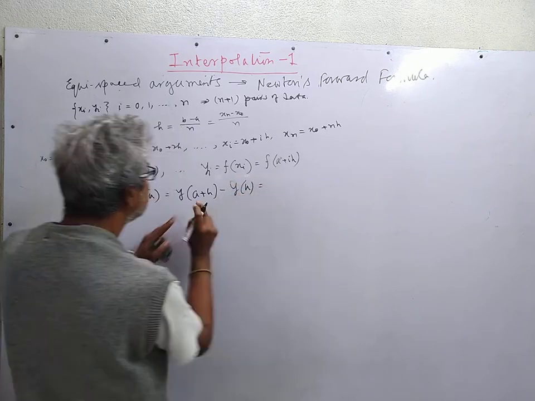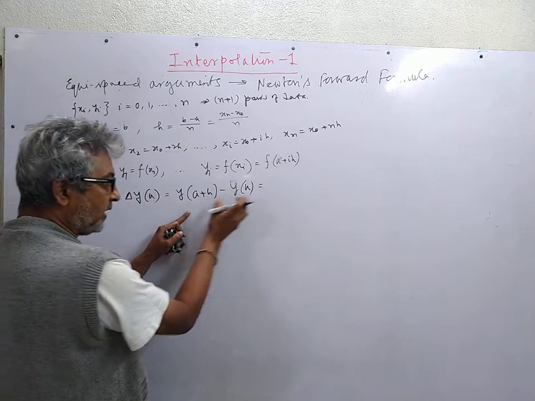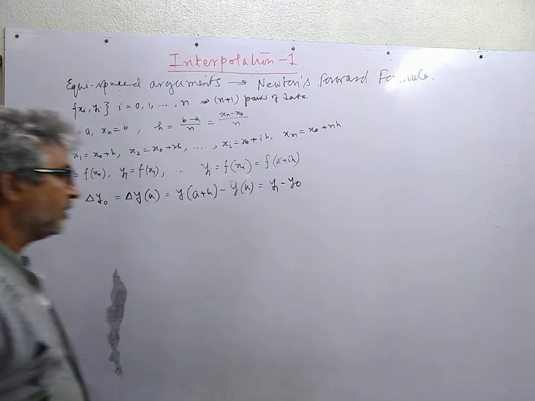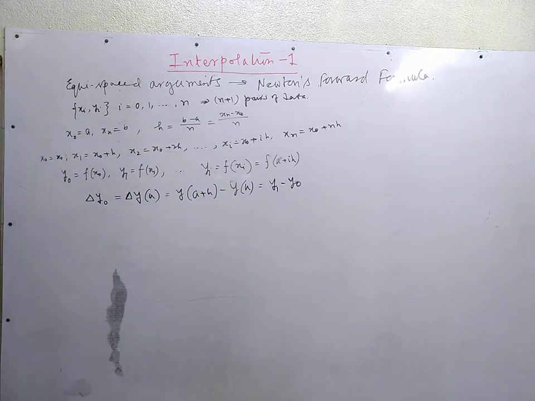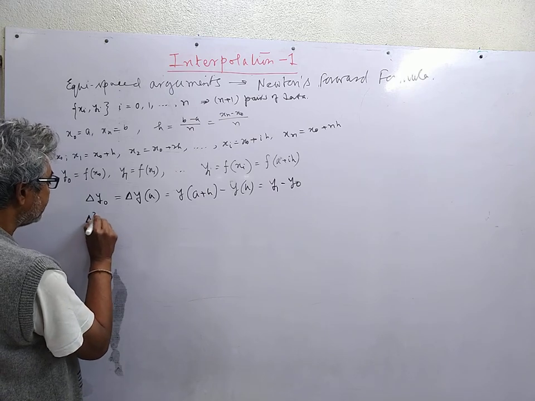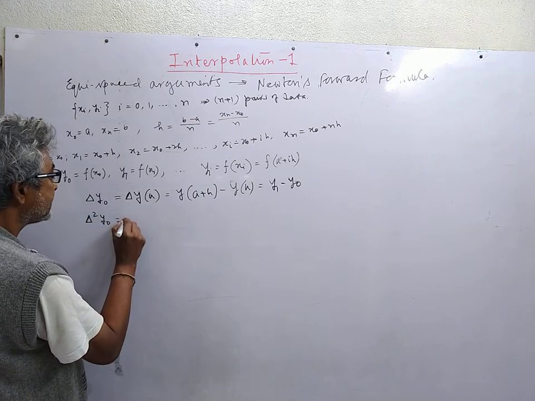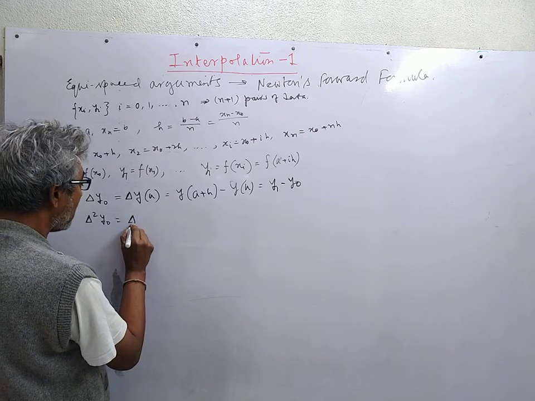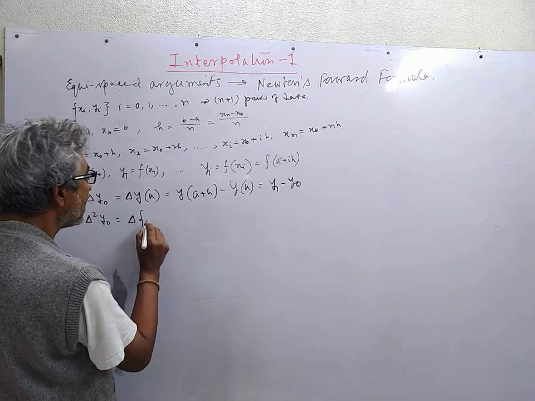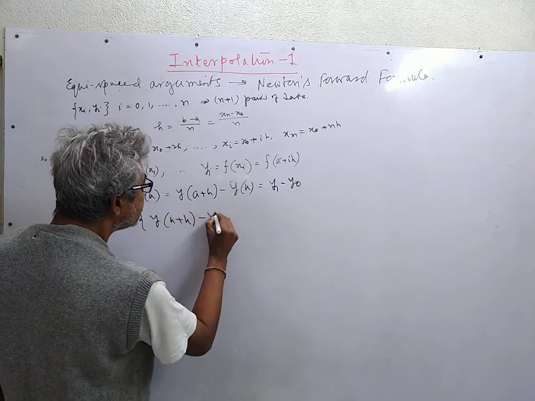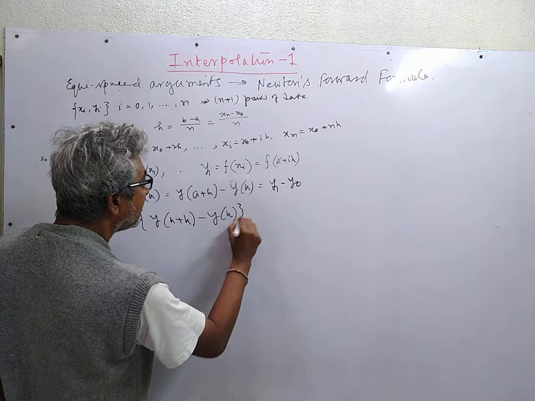That is, this is y1 minus y0. If we use this repeatedly, for y2, this is delta operating on y of a plus h minus y of a.